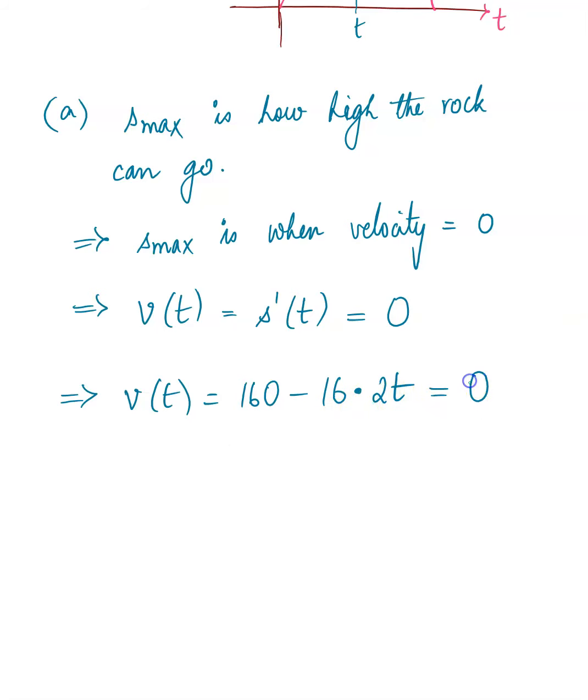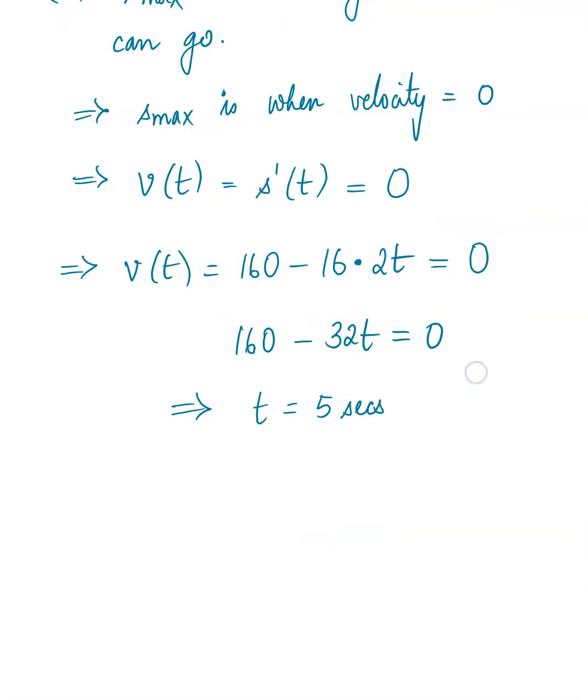And that is set to 0. So this means 160 minus 32t equals 0. Solve for t. That means t is 5, and t is measured in seconds, so 5 seconds. Now you have to come back and interpret this.